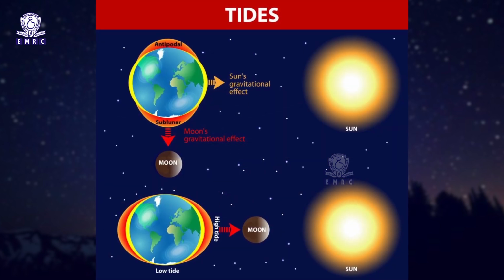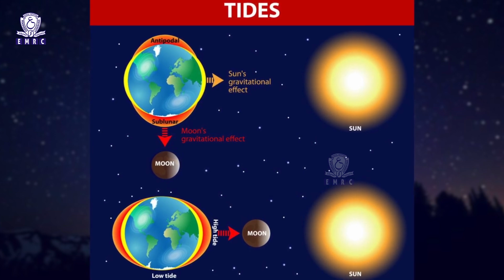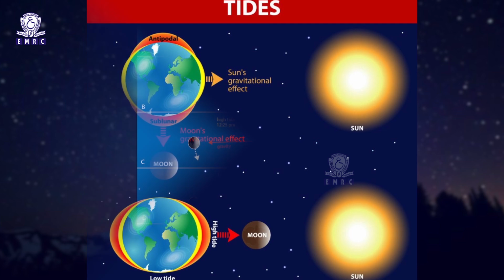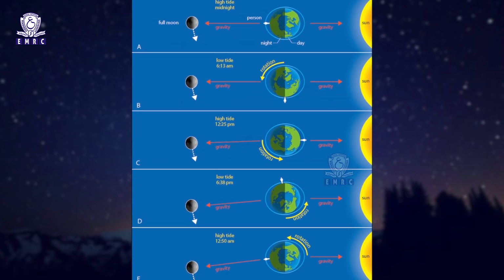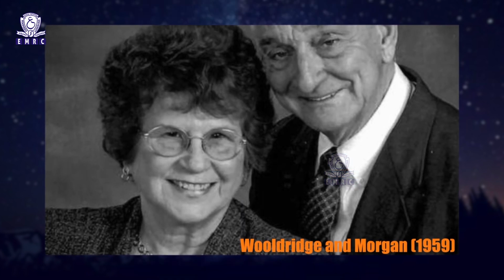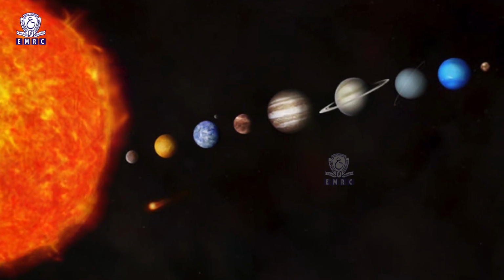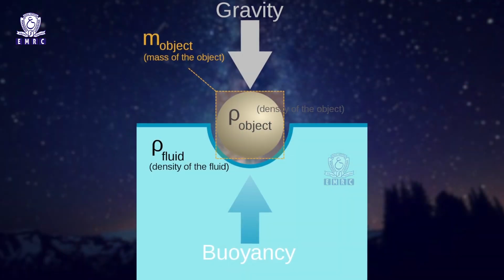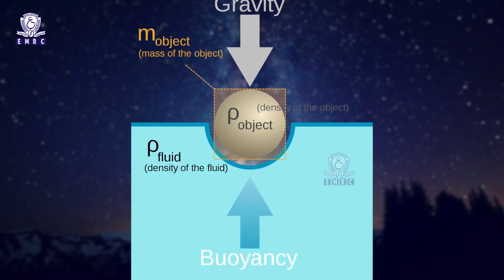The tidal force identified by Wegener to account for the supposed westerly drift of the continents would need to be several million times as powerful to produce the required movement. According to Woolridge and Morgan, 1959, the differential gravitational force and the force of buoyancy are not adequate to cause equatorward movement of the continents.